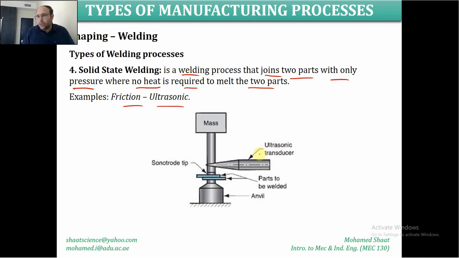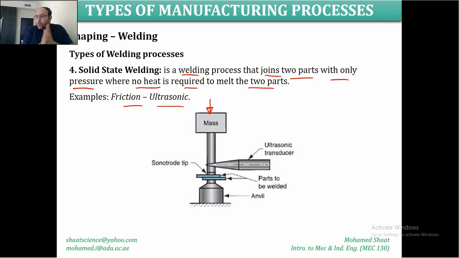This is a typical example of ultrasonic welding that we are applying. This must indicate that there is a very high pressure over the two parts. These are the two parts that shall be welded together. And this is an ultrasonic transducer that is used for generating a very high vibration that makes one piece move very fast with respect to the other one. Even rubbing your hands together will produce friction.